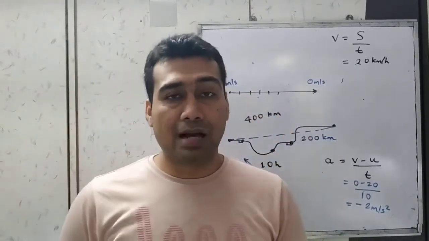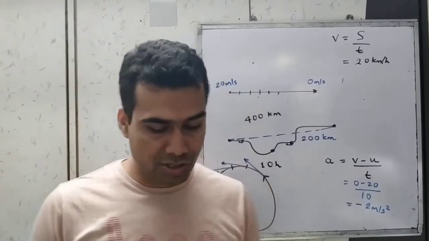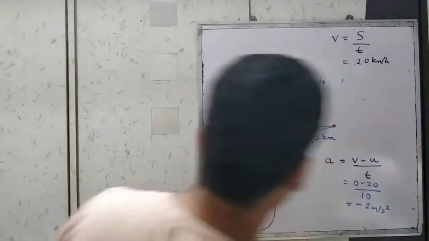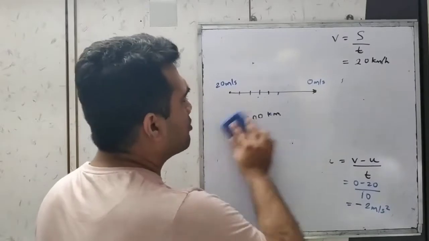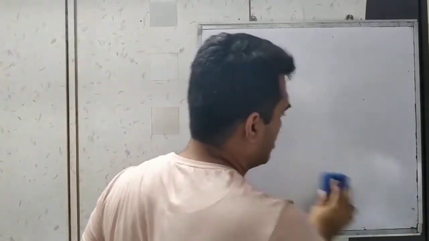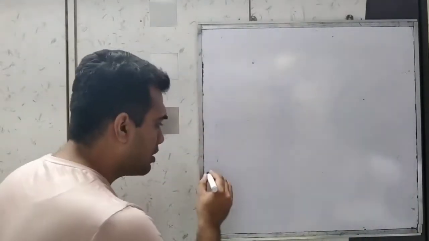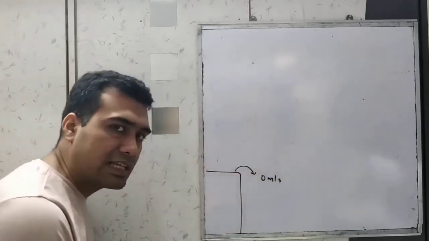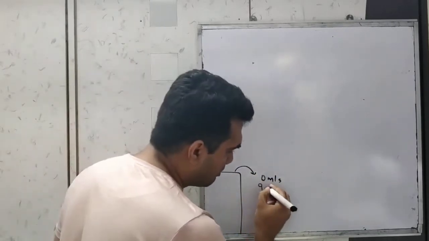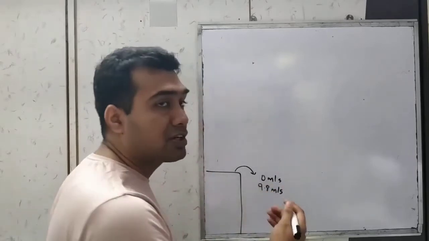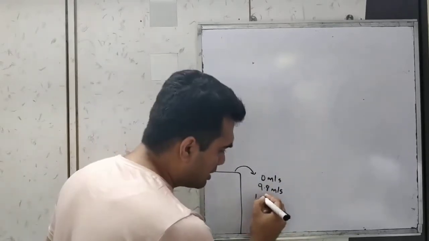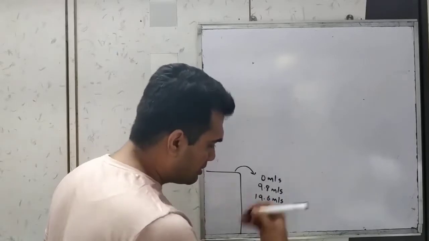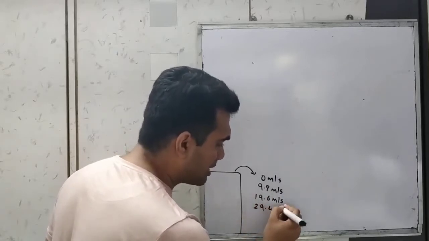Now, let me give you an example of uniform acceleration, which is acceleration due to Earth's gravity. We know that any object falling towards the Earth from a great height will start accelerating. Initially it's 0 meters per second, then its velocity increases to 9.8 meters per second, then after 2 seconds it becomes 19.6 meters per second, then it becomes 29.4 meters per second, and so on.